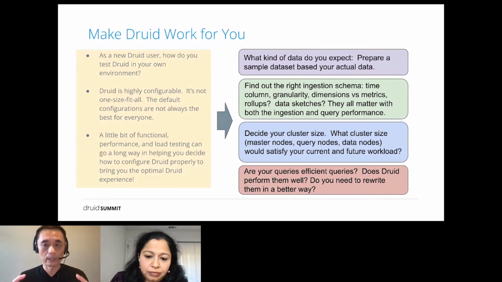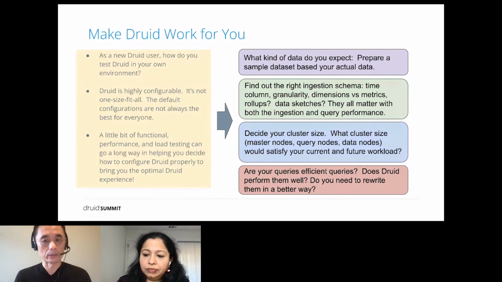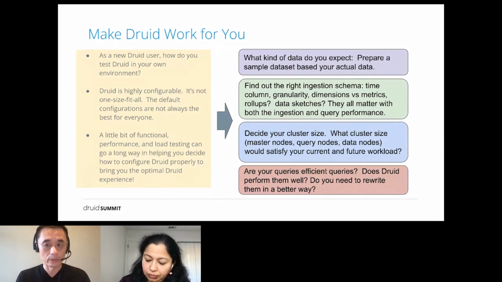You have to decide your segment size because that affects performance a lot. Which columns you want to use as dimensions, which ones as metrics. If you have metrics, do you want to use roll-ups, which helps the query performance tremendously? Do you want to use data sketches to decide on your distinct count? That's what data sketches are mostly for. They all matter for both ingestion and query performance.